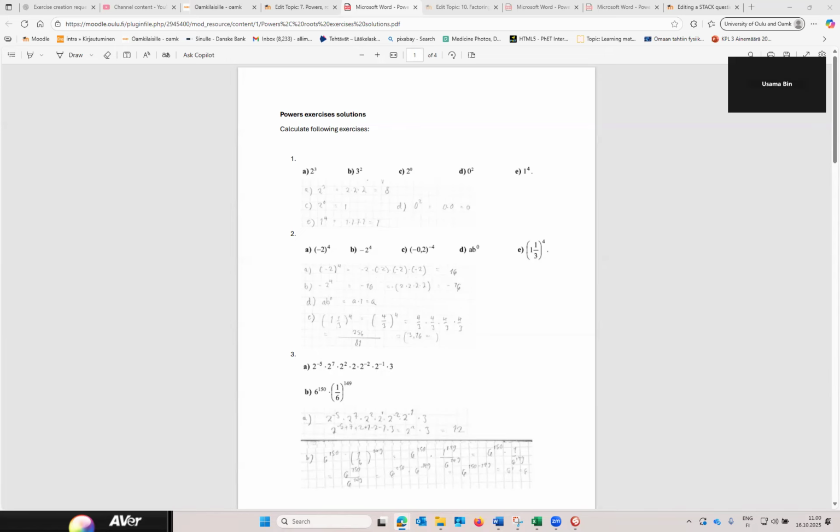Paper calculator wouldn't calculate this either. Oh, it did calculate this. Not bad.